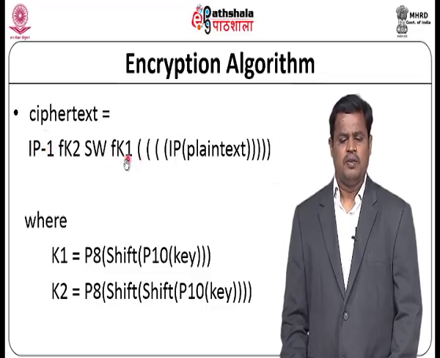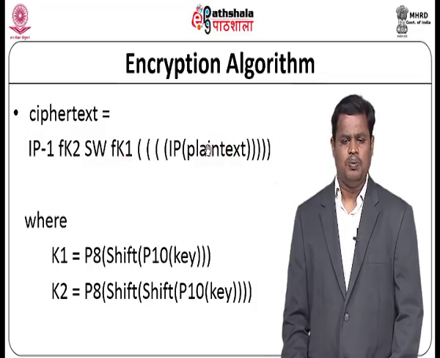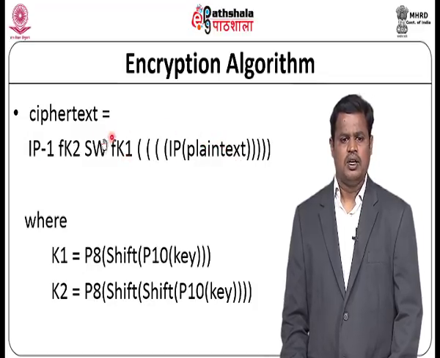That is why we have to read from the inner brackets to the outer. This is how we generate the ciphertext, where K1 and K2 are the keys for round 1 and round 2.